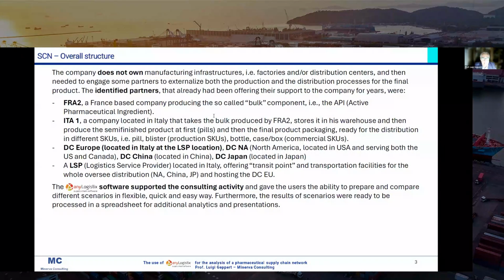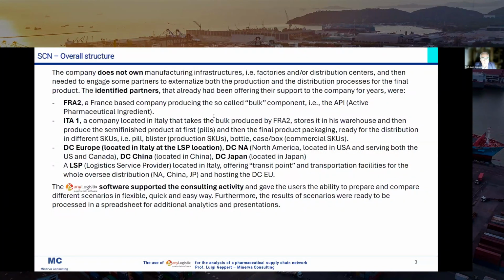This is in Europe, in the United States, for serving the North American market, both United States and Canada, in China and in Japan. And last but not least, a logistics service provider, which was located in Italy, very close to the airport, ready to deliver the product worldwide.